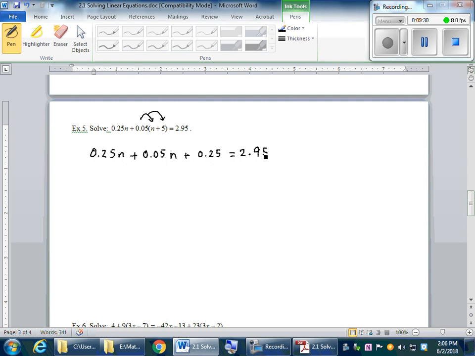2.95. Since every term has 2 decimal places, I'm going to multiply the left hand side by 100 and the right hand side by 100. So this will help us to clear the decimal number, which makes it easier for us to continue.